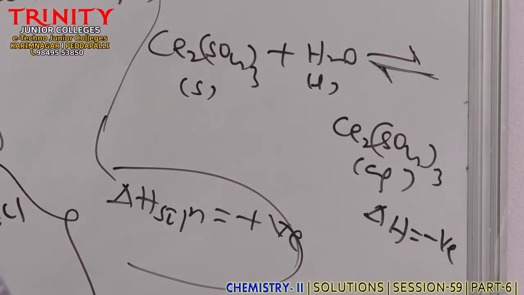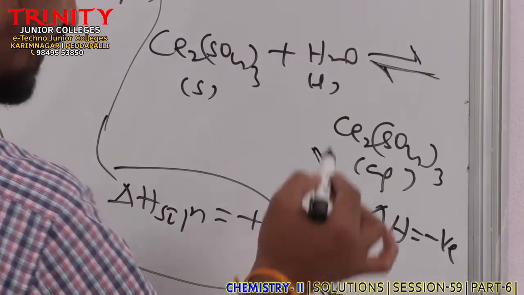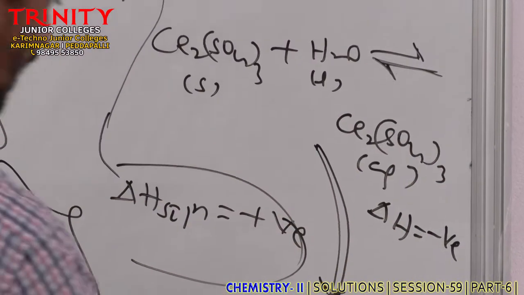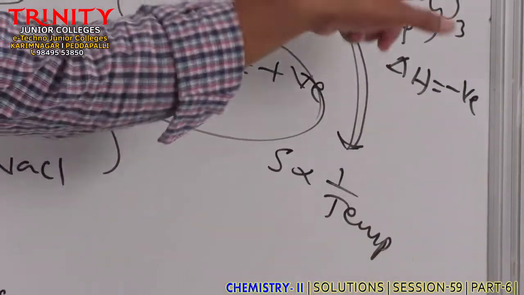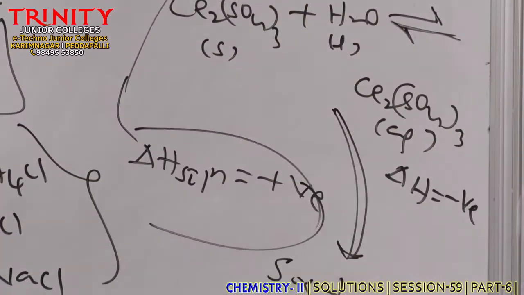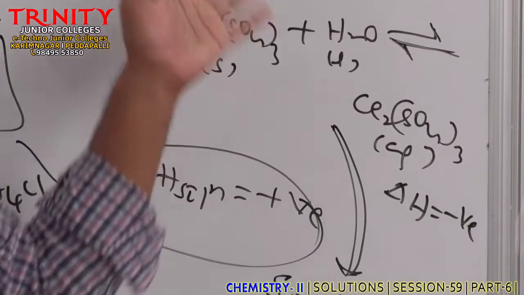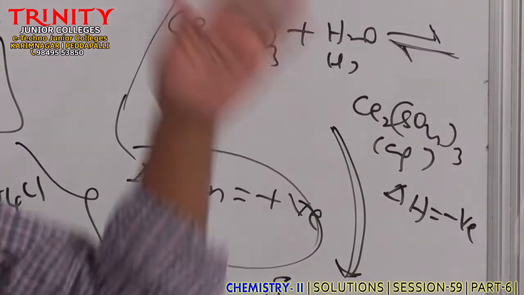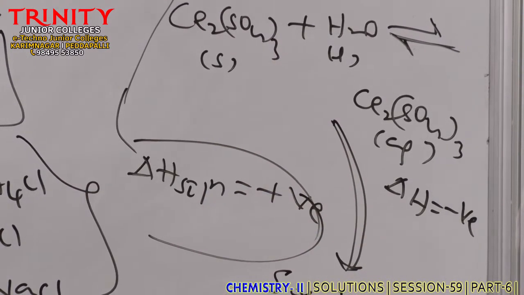So in this way, solubility decreases with the increase in temperature, hence solubility is inversely proportional to temperature. Why? Because increase in temperature favors the backward reaction, decrease in temperature favors the forward reaction. When temperature increases, the backward reaction is favored, meaning the forward reaction is disfavored, so solubility decreases with the increase in temperature.